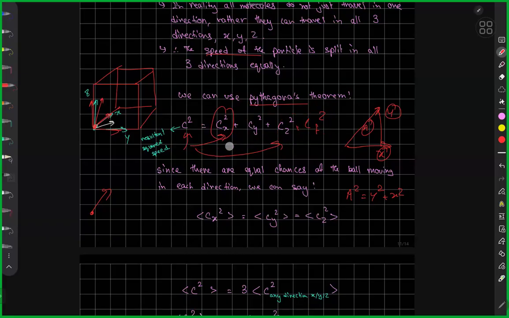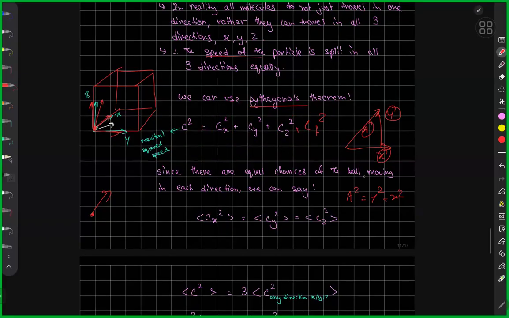So it doesn't matter how many dimensions you have, this Pythagoras theorem always works. You guys are used to using this with two dimensions, but it also works in three. So if it has some component in x, some in y, and some in z, take the square of all those components, and that is equal to the resultant speed squared.